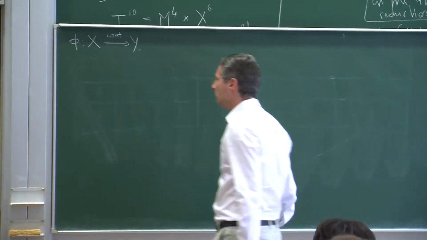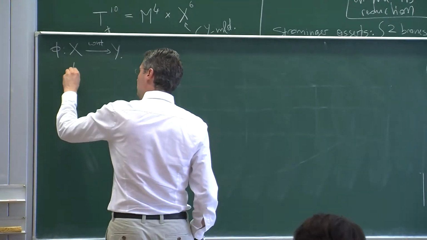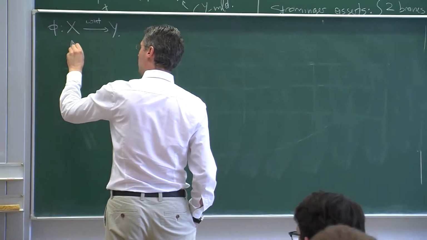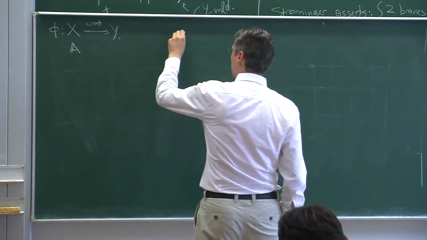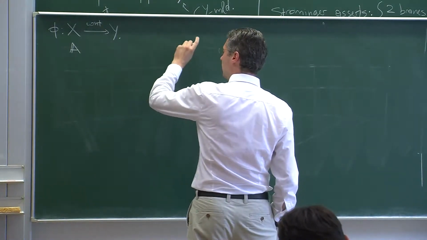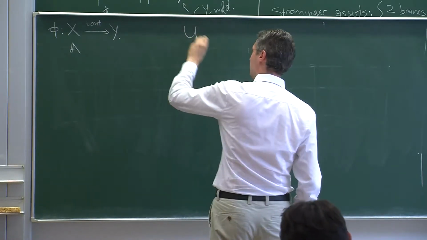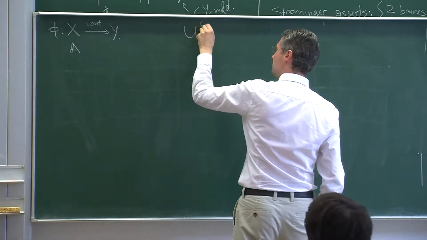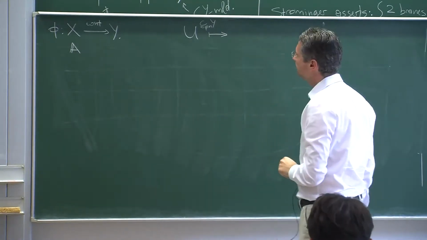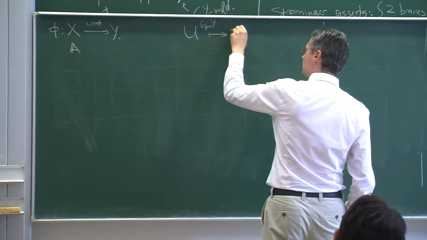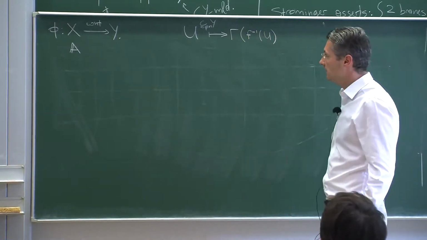Now there are two very important operations that are being used all the time. Namely, suppose you have a sheaf A on X. Then you can define a pre-sheaf on Y by saying, if you have an open subset U in Y, associate to it the sections over the pre-image of U under phi.